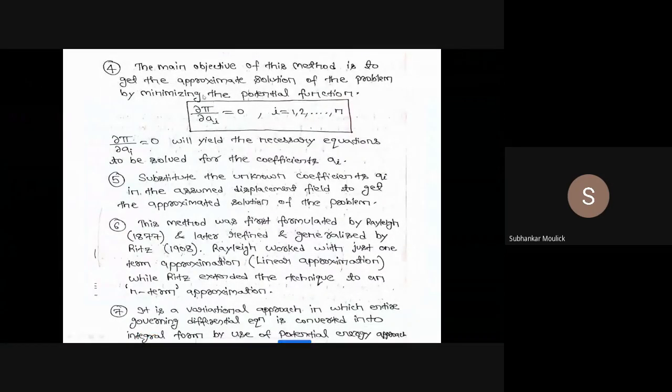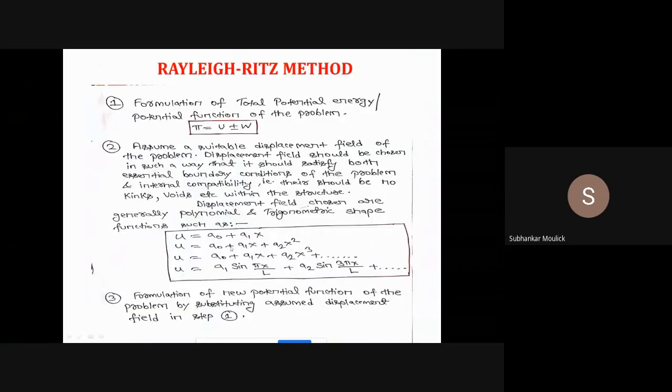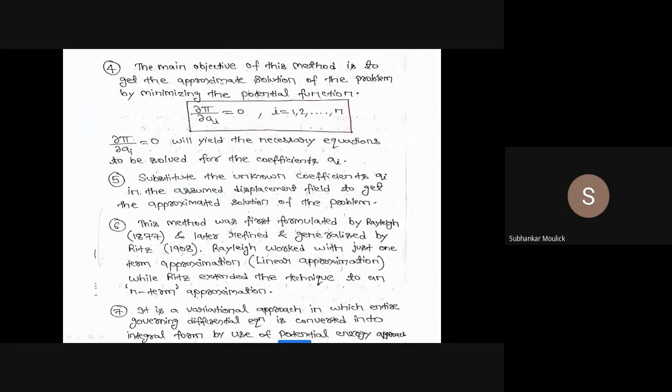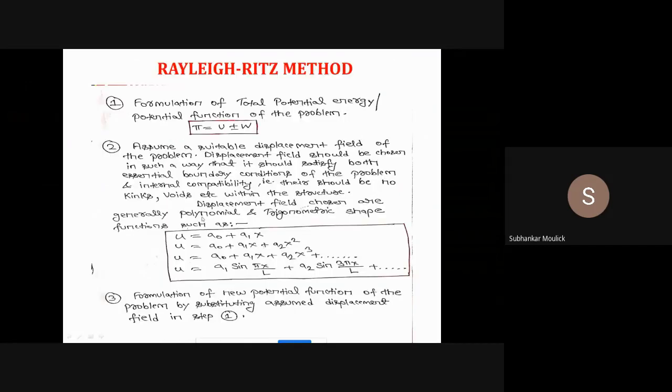So once you get the values of unknown coefficients, that is a1 and a2, by step number 4, by minimizing the potential function, then you will substitute that unknown coefficient a1 and a2 in the assumed displacement field.